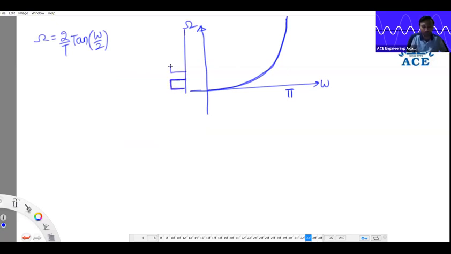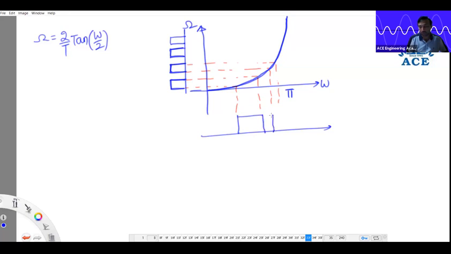Each fixed strip width is 2 pi by T. They are spaced equally. But if you try to project the same analog frequency ranges onto this graph, what has happened? We are not going to get equal spacing now because it is a non-linear graph.